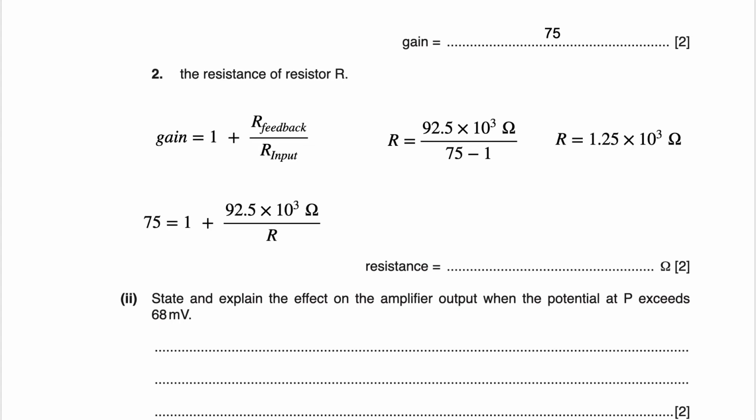If we put in the values, then we get the answer. Nice. The answer we get is R equal to 1.25 times 10 power 3 ohm. The answer is only asked in ohm, so we can write either 1.25 times 10 power 3 or 1250.